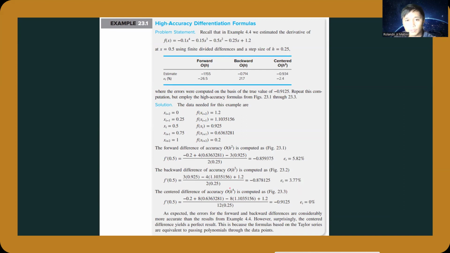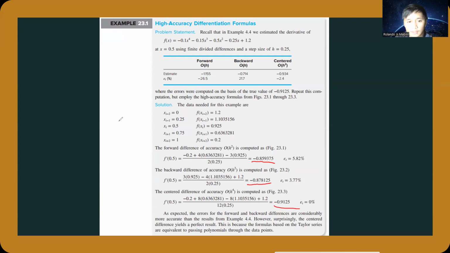So he computed, in high accuracy differentiation, the forward difference. We have the forward difference value, backward difference, and centered difference. Now, this forward, backward, and centered difference is already discussed in the topic of truncation error, in numerical differentiation.